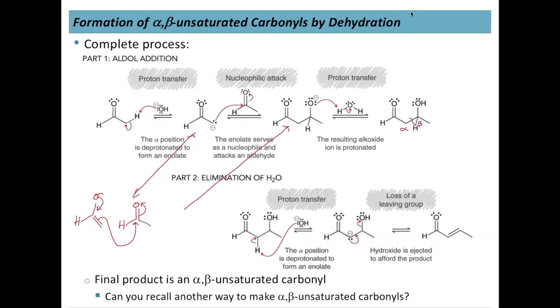So how we get the elimination reaction is we still have an alpha proton here. And so what we're going to do is deprotonate that alpha proton. We're going to park those electrons on that alpha position, and then they collapse in and kick out that OH.